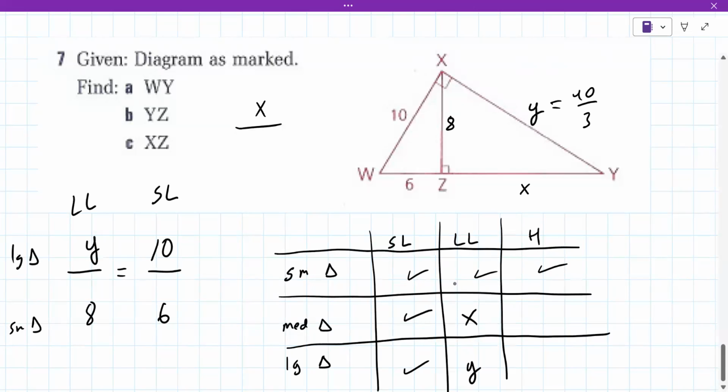It's X over, I'll pick the long leg of the small triangle, 8, and then in the medium, over the short leg, 6. So 8/6, or maybe it's 6/8. That's right. So they don't always work out nice, but you can set these up.